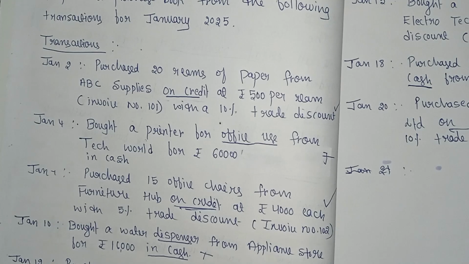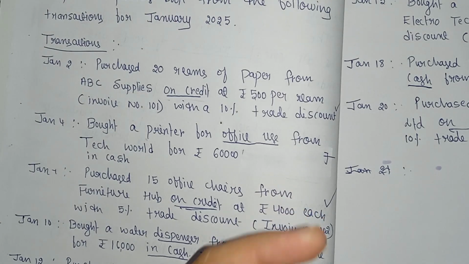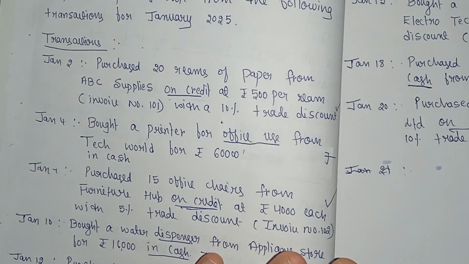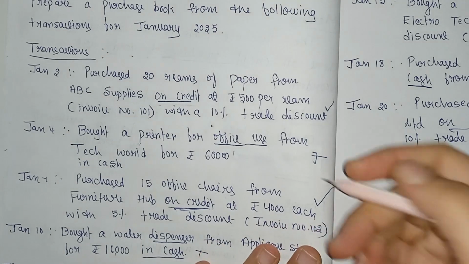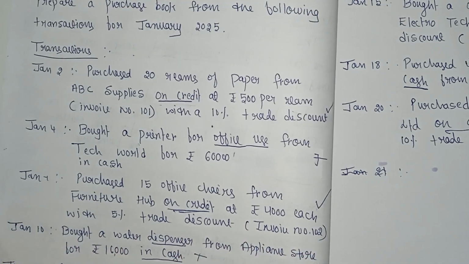And the purchase of any assets is also not included in the purchase book. So these points we should remember when solving the purchase book problems. Now we will solve the problem.